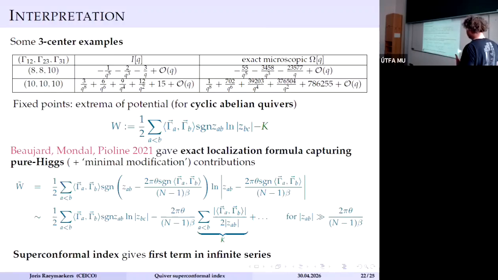You can make an expansion, and you notice that the first term in this expansion is precisely the one we found here from the superconformal index, up to some prefactor which you can rescale without affecting the contribution to the index. So it seems like our superconformal index doesn't give you everything, but it gives the first term in an infinite series associated with the exact result.